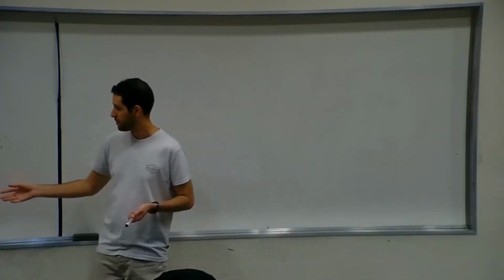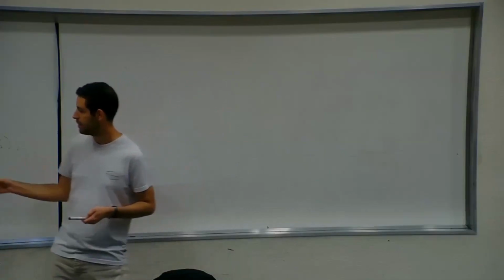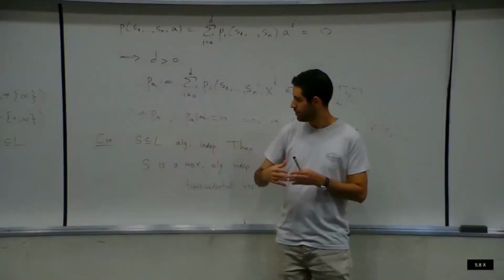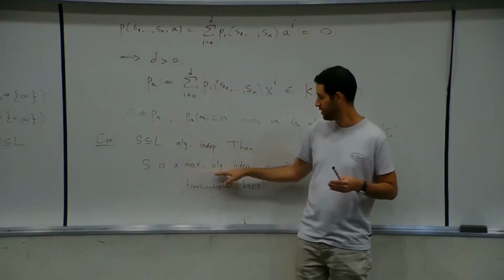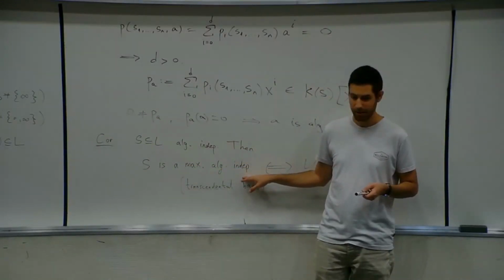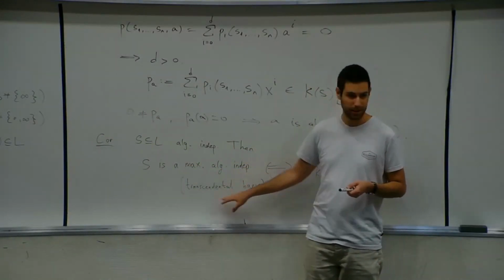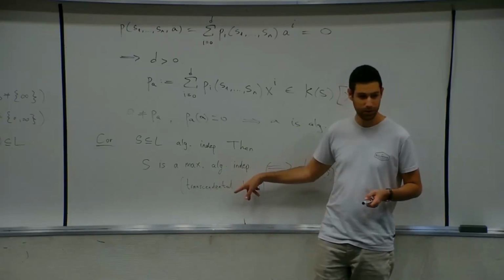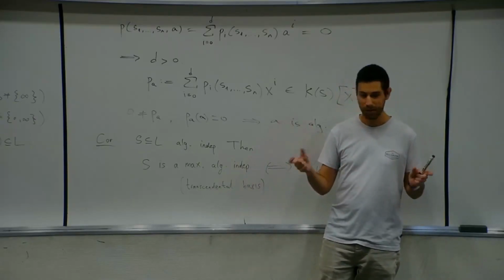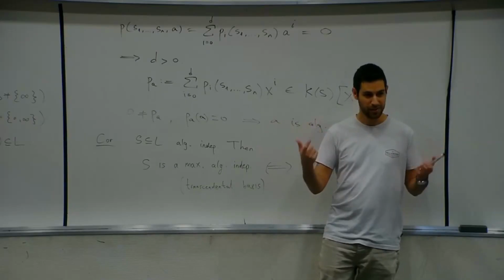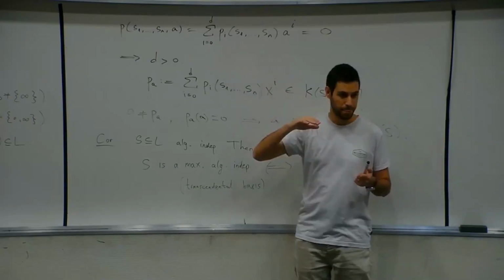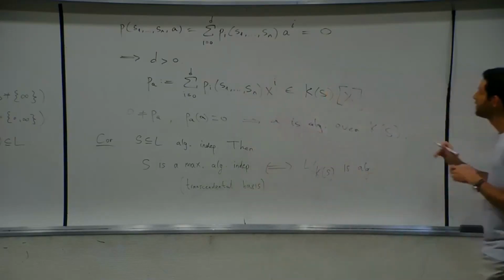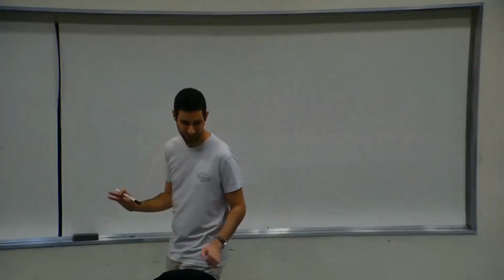In the same way, any such S can be completed to a maximal algebraically independent set, which is a transcendental basis. So a transcendental basis always exists, and any two such have the same cardinality. And this cardinality is called the transcendence degree of the extension L over K. We'll just mention all of this today.